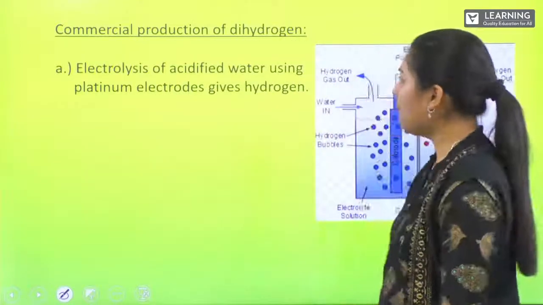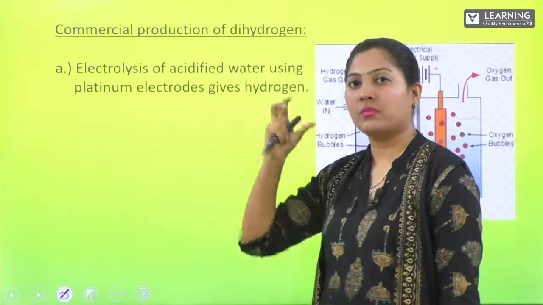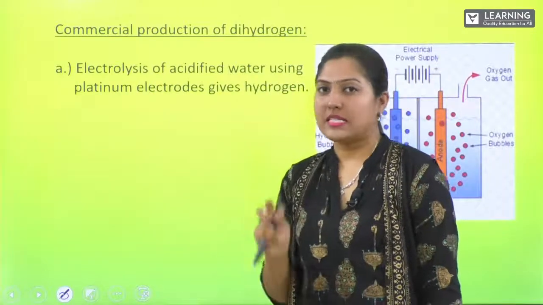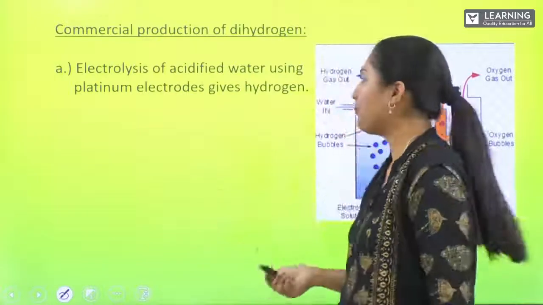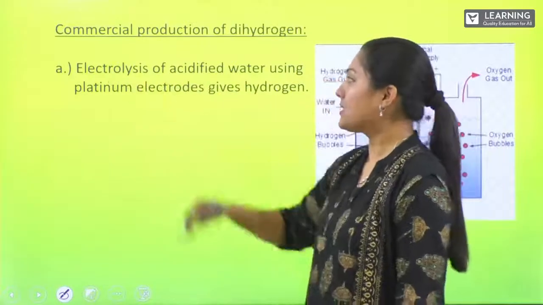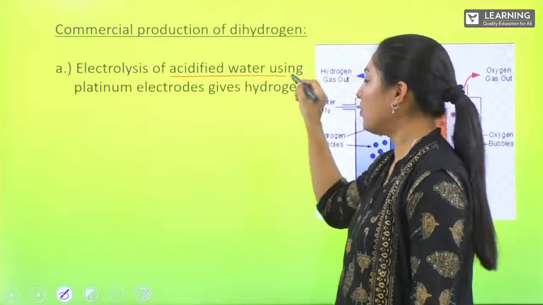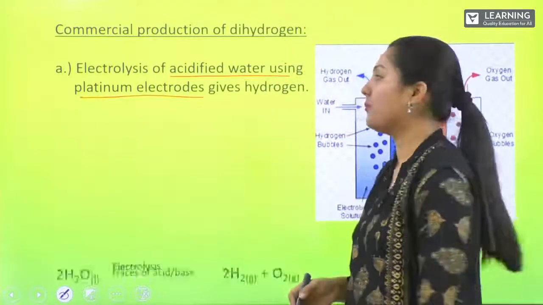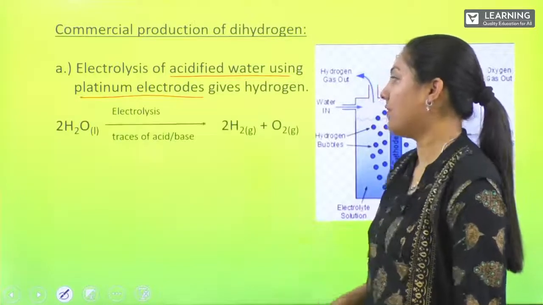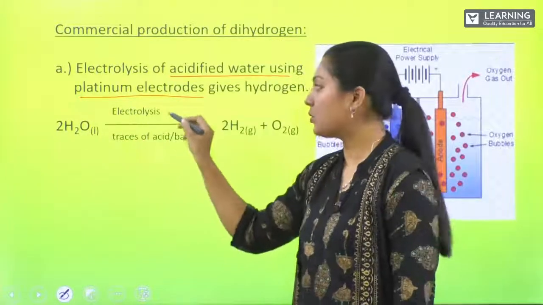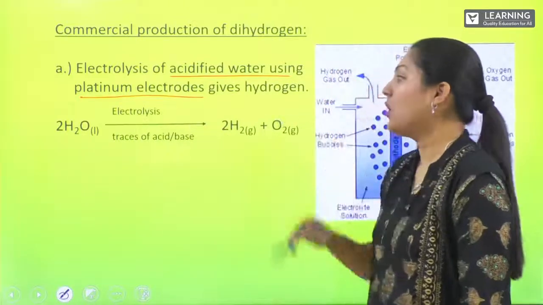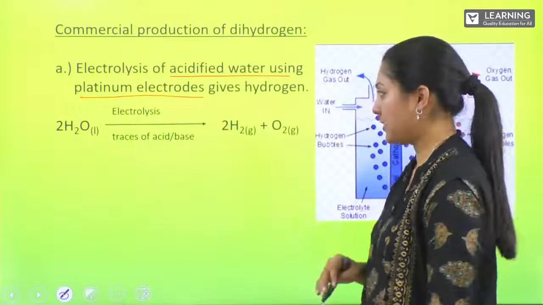Electrolysis is a process where we pass electricity through a substance and dissociate it. So here, electrolysis of acidified water using platinum electrodes gives hydrogen. This is the equation where water, on passing electricity, gives hydrogen and oxygen gas.